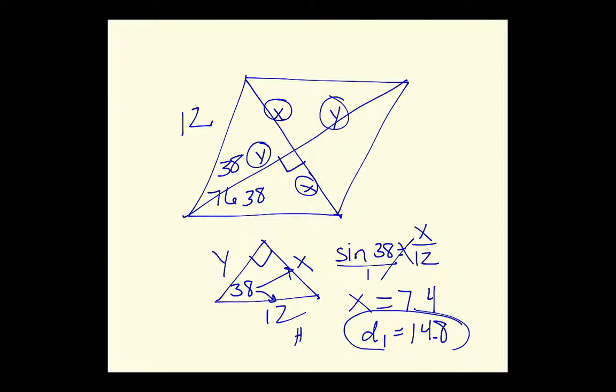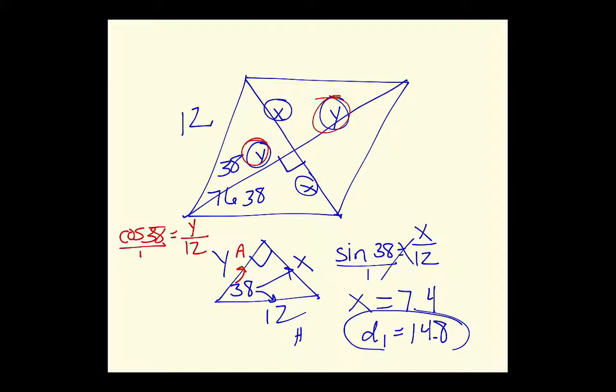I'm going to do the same exact thing to find the other diagonal, because the other diagonal is made up of two pieces of y. So I'm going to use that 38 degrees, but this time y is the adjacent to that 38 degrees, so it's going to be the cosine of that 38 equals the adjacent side y over the hypotenuse again, which is 12.